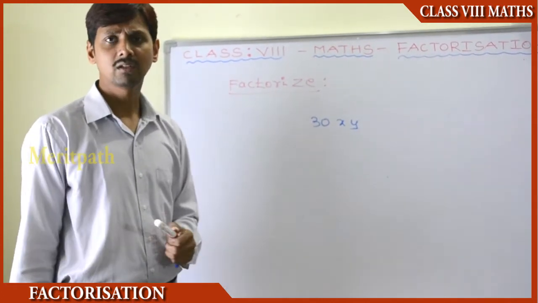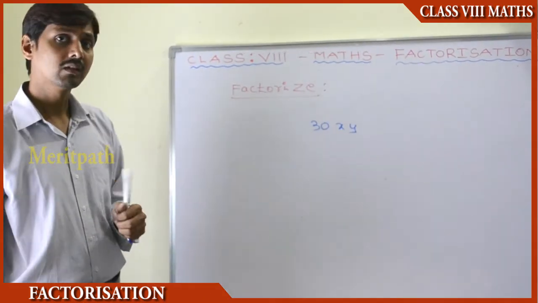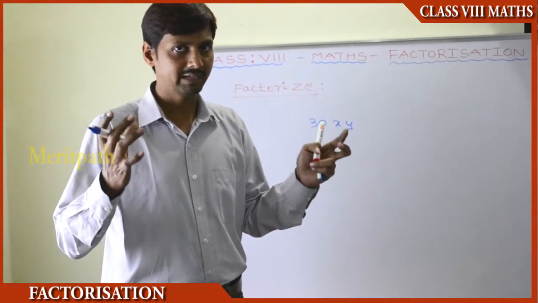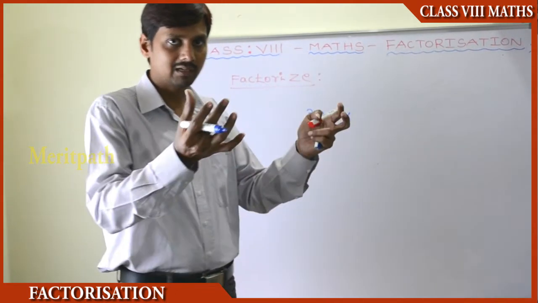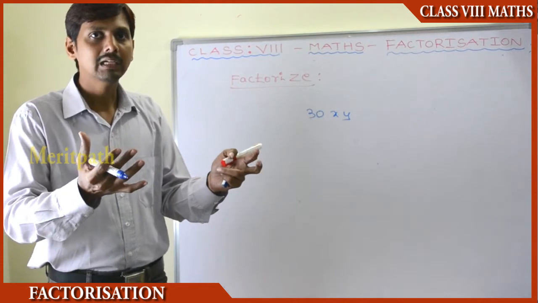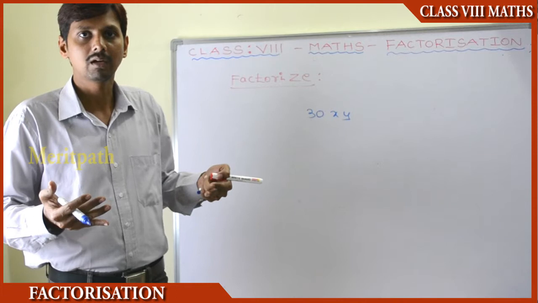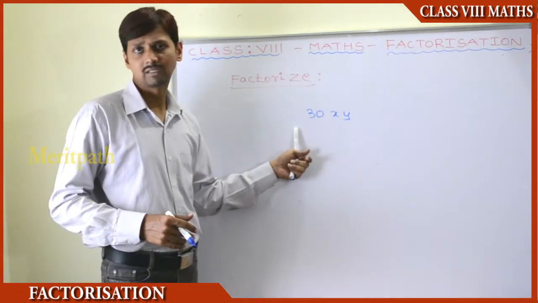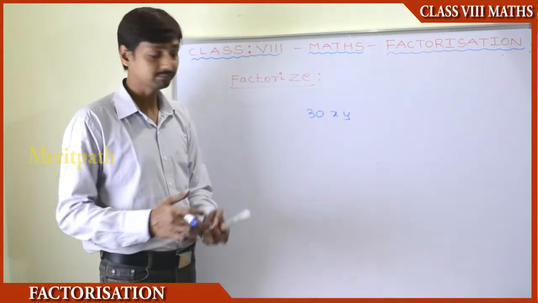So let's find out the factors of it, because the product of all the factors of a given number is called factorization. So if we take any number or value and take the product of those factors of that number, it is called factorization. So let's find out what the factors are for this expression 30xy.